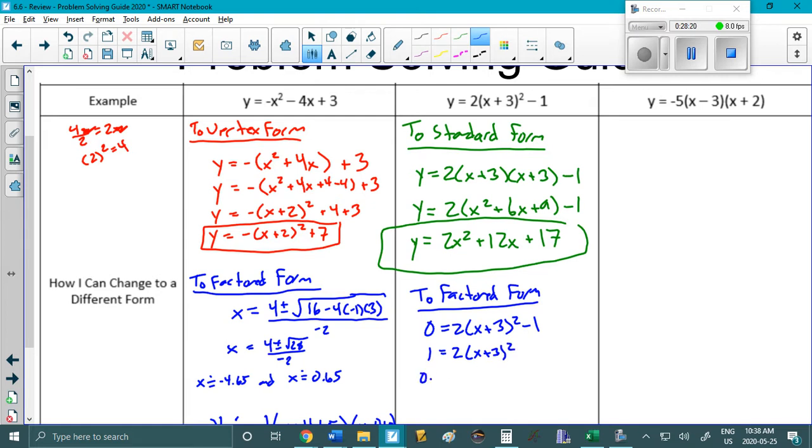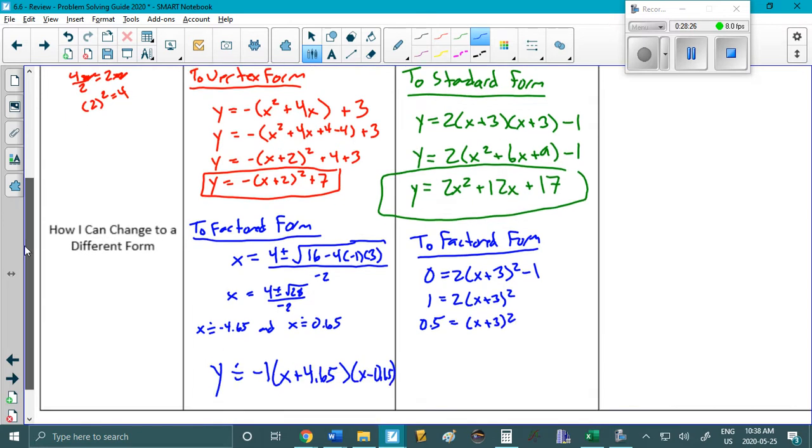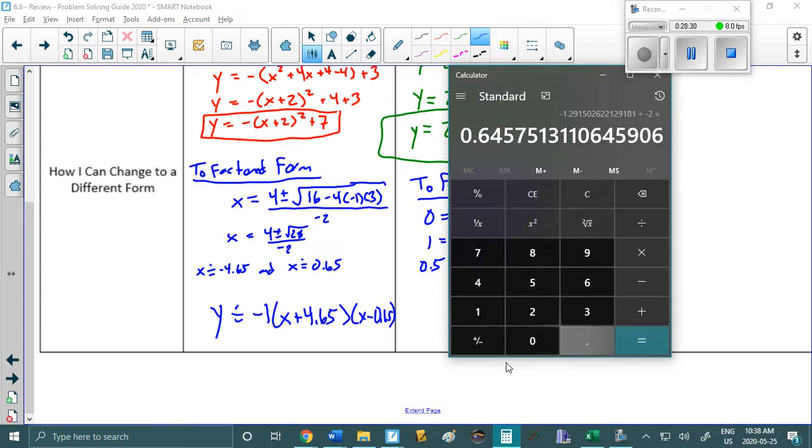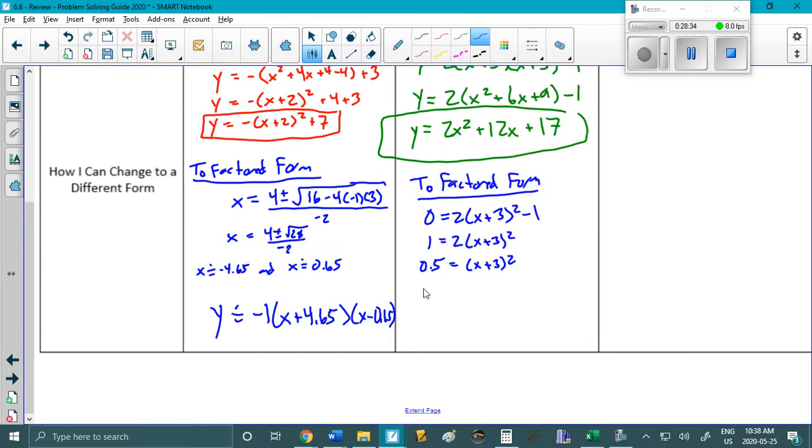We divide by 2 on both sides, and that 2 disappears. And now we take the square root on both sides. So we've got to take the square root of 0.5. Ugh, 0.707.